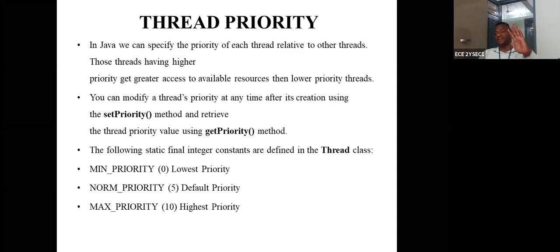The CPU executes only the thread the scheduler selects. What is the mechanism to select the thread? There are two main categories. Number one, preemptive.